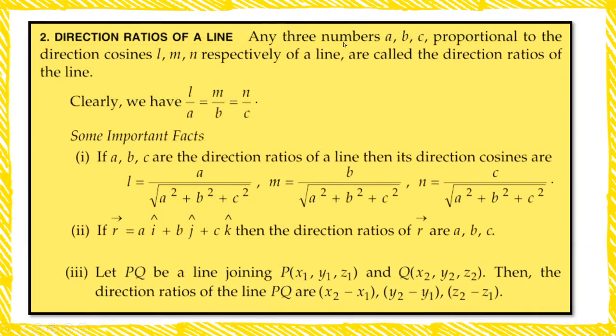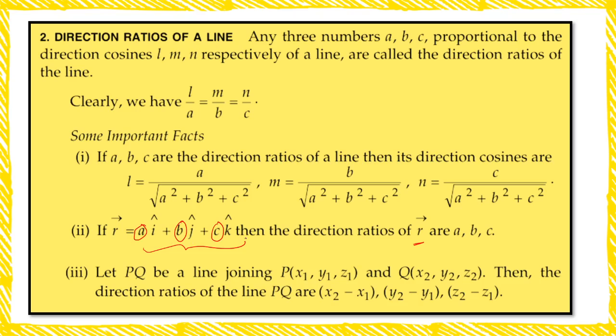Direction ratios of a line. Any three numbers a, b, c proportional to direction cosines l, m, n respectively of a line are called the DRs. So l by a is equal to m by b is equal to n by c. And if a, b, c are the direction ratios of a line, then its direction cosines can be calculated by using these three formulae. If r is equal to this, then the direction ratios of r are a, b and c.